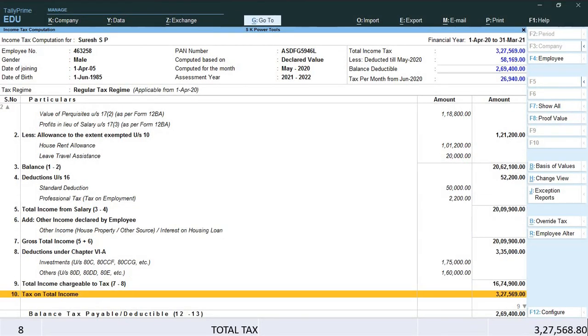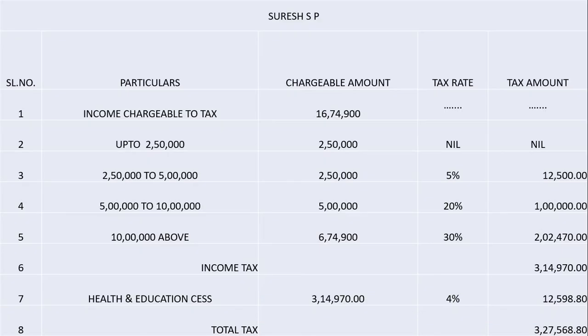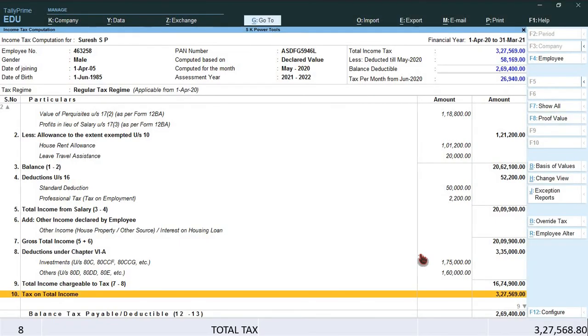Yes, 3,27,569. 3,27,568.80, he rounded up 20 paise. So total income tax is 3,27,569. Okay friends, so like this you have to check the computation of income tax report.